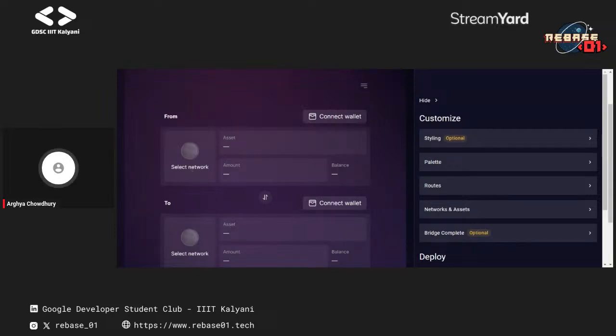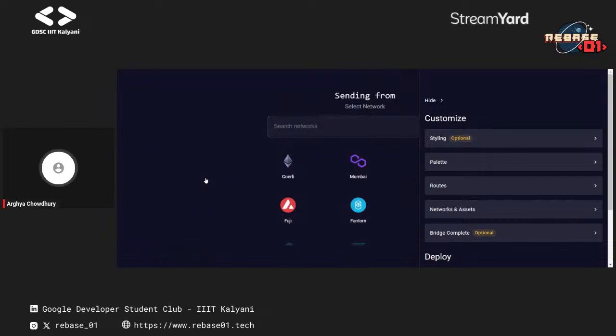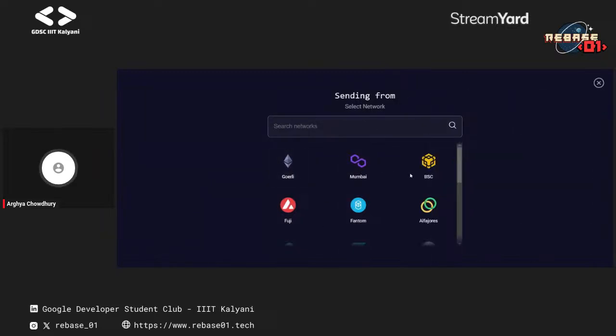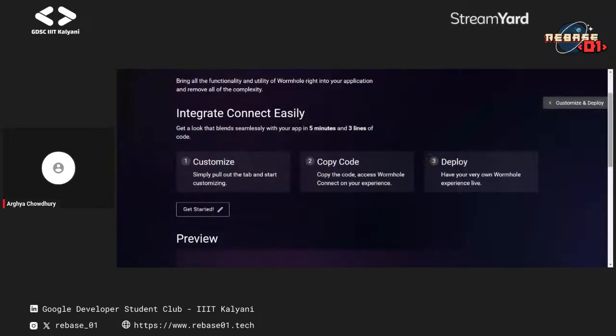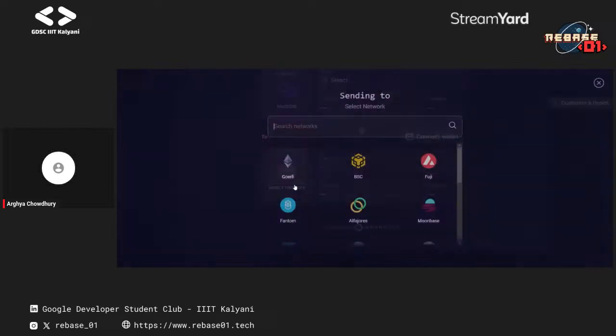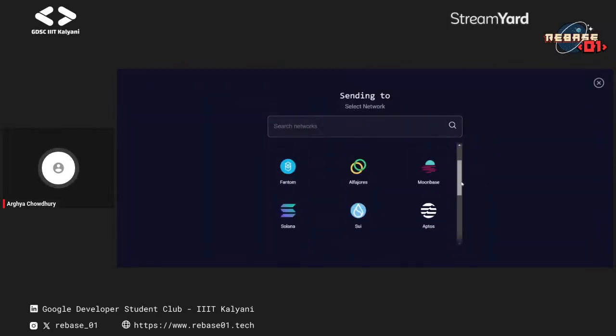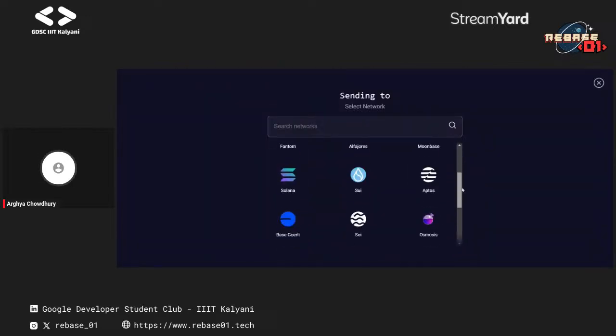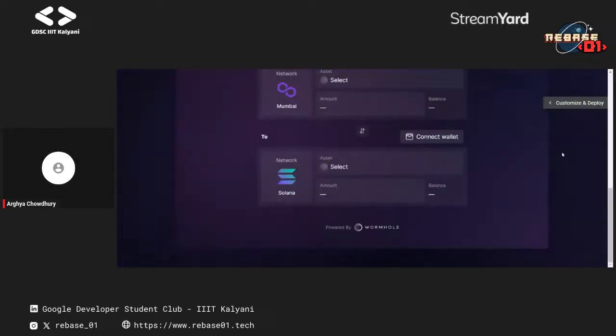So you can select any of the networks here. As I'm selecting the testnets, I can choose any, like Mumbai testnet, for example. So Mumbai Polygon testnet, and we can send our assets to Solana.